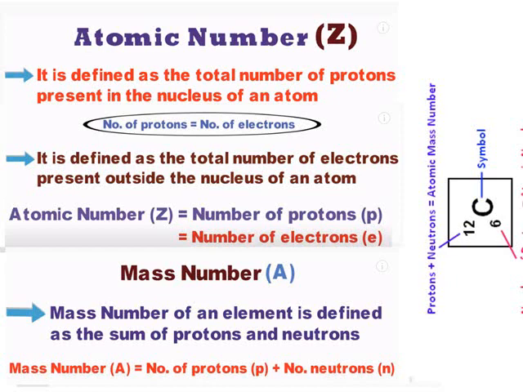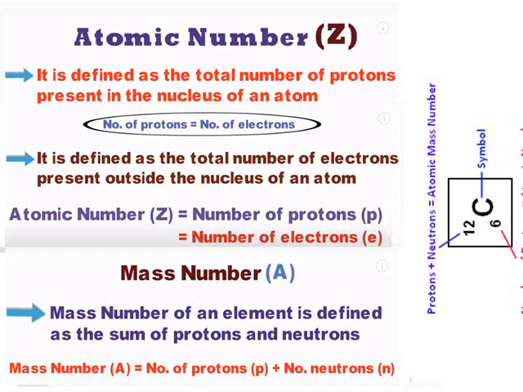Then we'll go to the mass number. What is mass number? Mass number of an element is defined as the sum of protons and neutrons. So count the number of protons and the number of neutrons, then the total is the mass number.